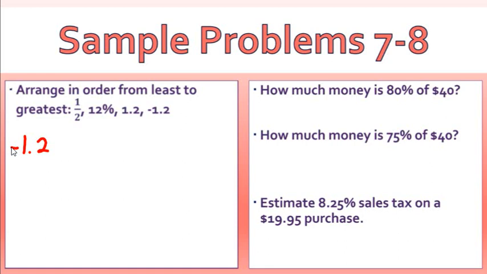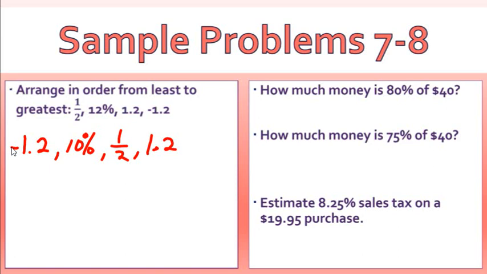And 12% is smaller, so we would have 12% here. Half would be your next, and 1.2, that's the same thing as saying 120%, or 1 and 1/5. So 1.2 would be our biggest number.